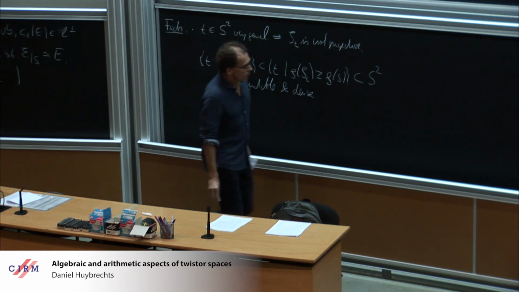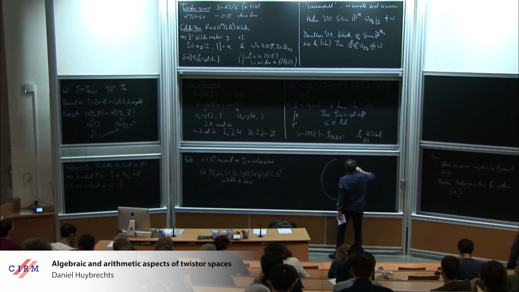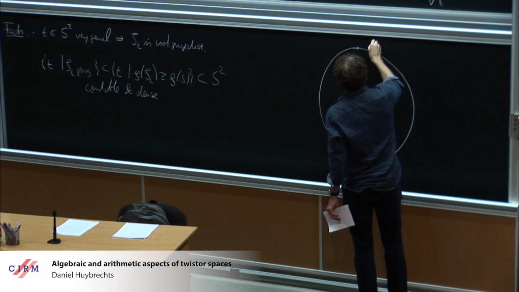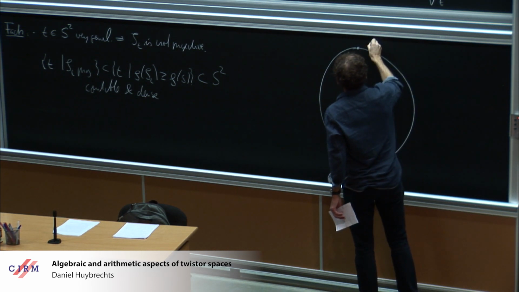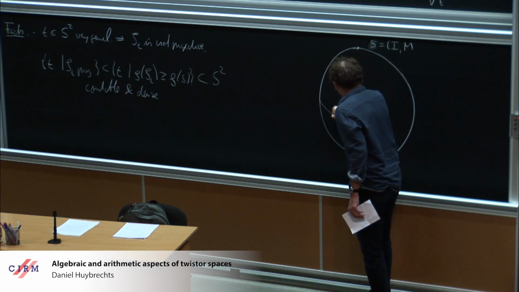Okay, so let's draw a picture. Here's my sphere. Then there's the point that corresponds to I. So this is the K3 surface S, it sits over here, maybe. So that's a sphere.